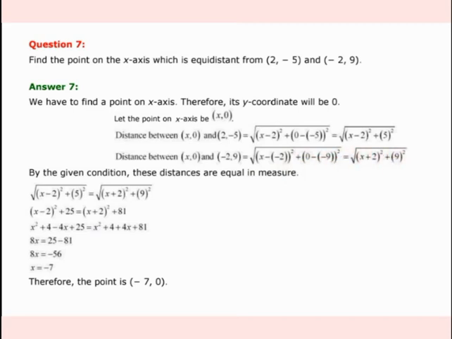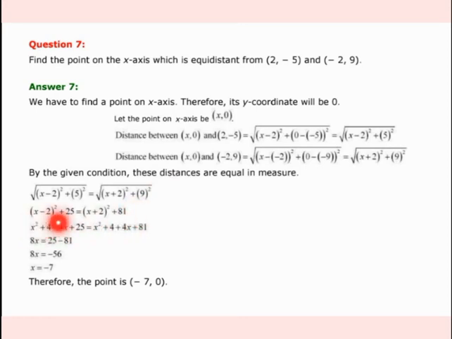It is given that both are equidistant, means this distance is equal to this distance. So equate them. After squaring both sides, under root will be cancelled. We are left with (x minus 2) whole square plus 5 square, which is 25, is equal to (x plus 2) whole square and 9 square is 81.